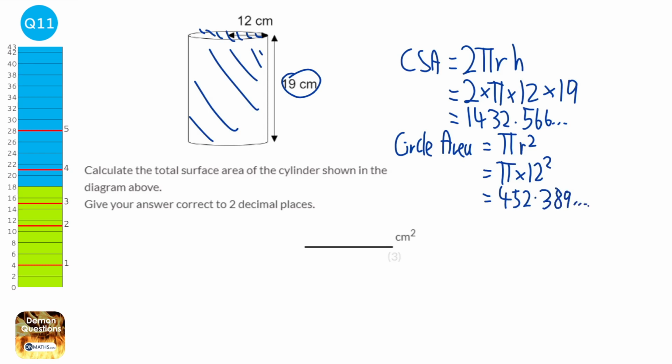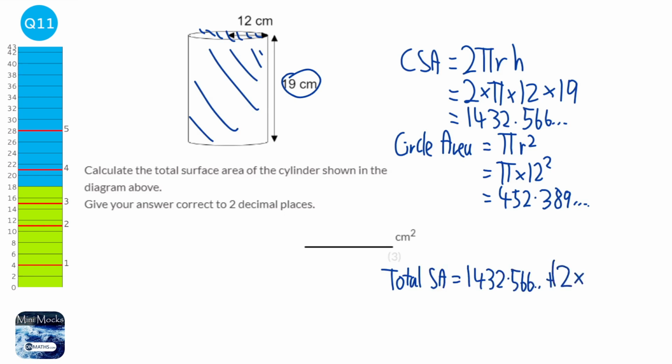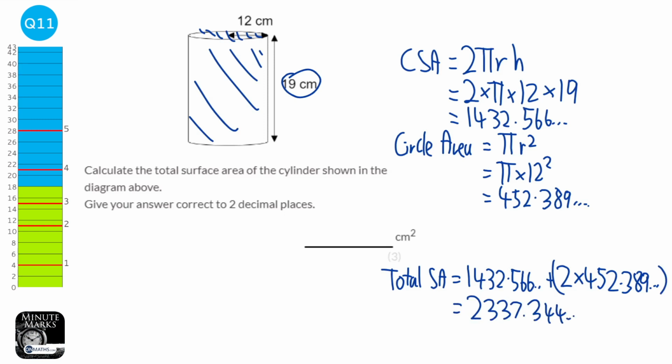Now there are actually two circles, so when we work out the total surface area, we add the curved surface area to two lots of the area of the circle, because there's one circle at the top and one at the bottom, and that gives us 2337.344 and so on, and to two decimal places, that is 2337.34.